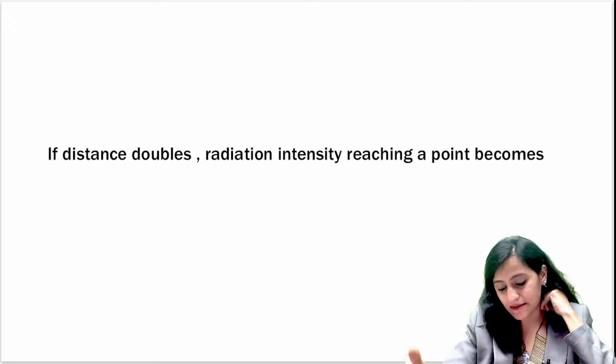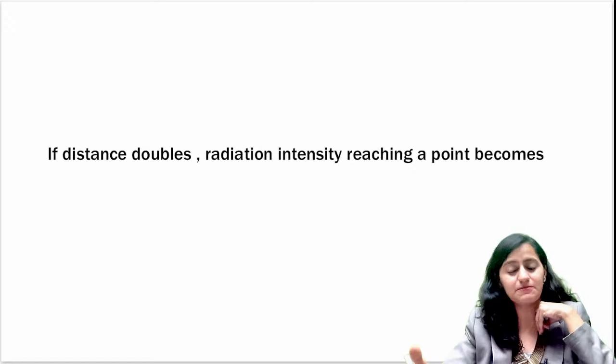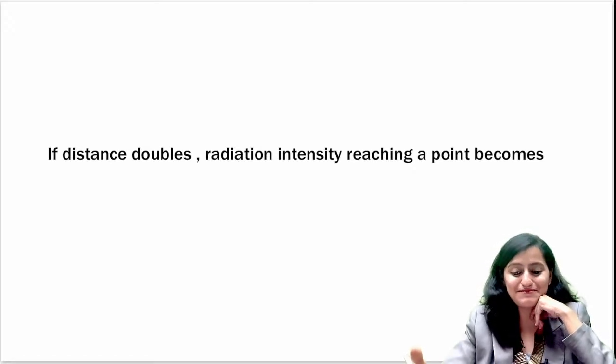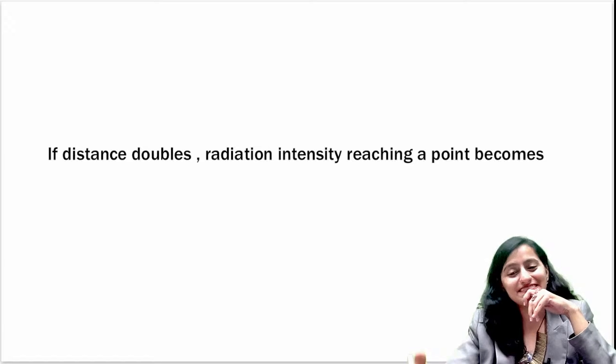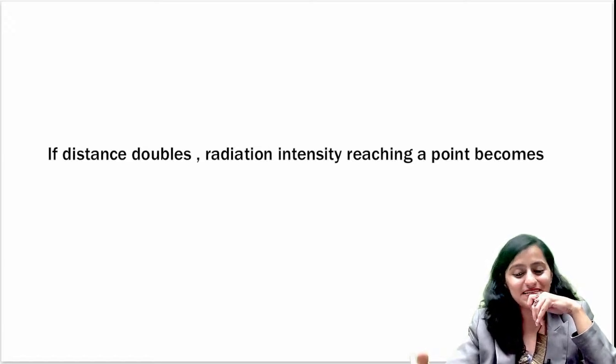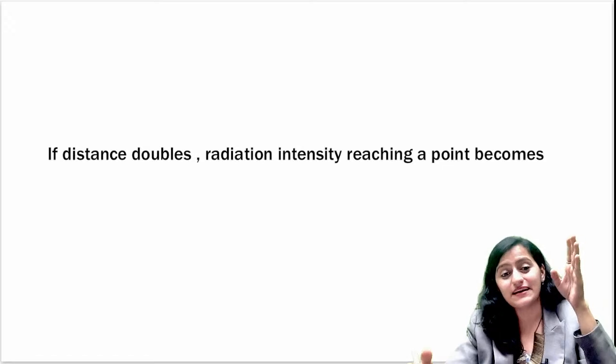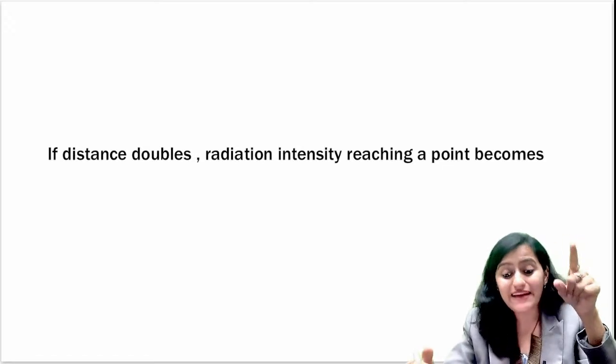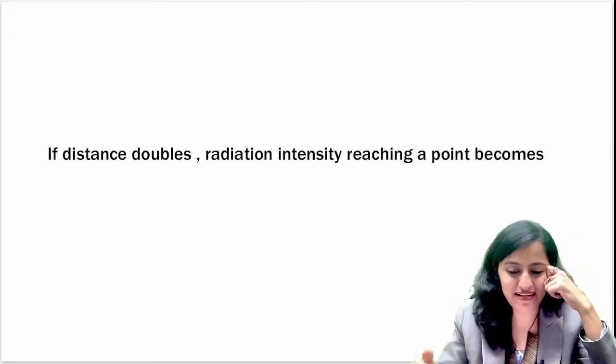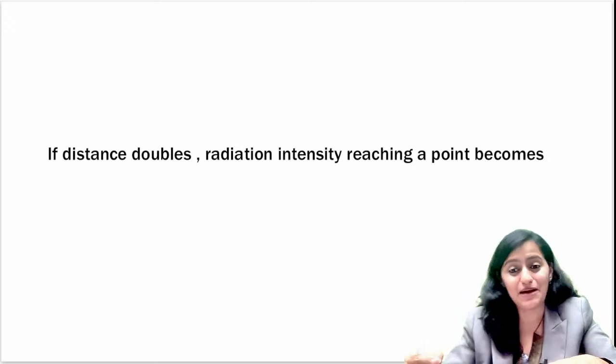If distance doubles, radiation intensity reaching a point becomes half, 1/8, 16 times reduced. How much, not 16 times, how many times will it be? Yes, Kalai correct. It is going to be reducing, right? It is going to be 1/4. Very good, Nirdai, Kanupriya, correct, Yamini.